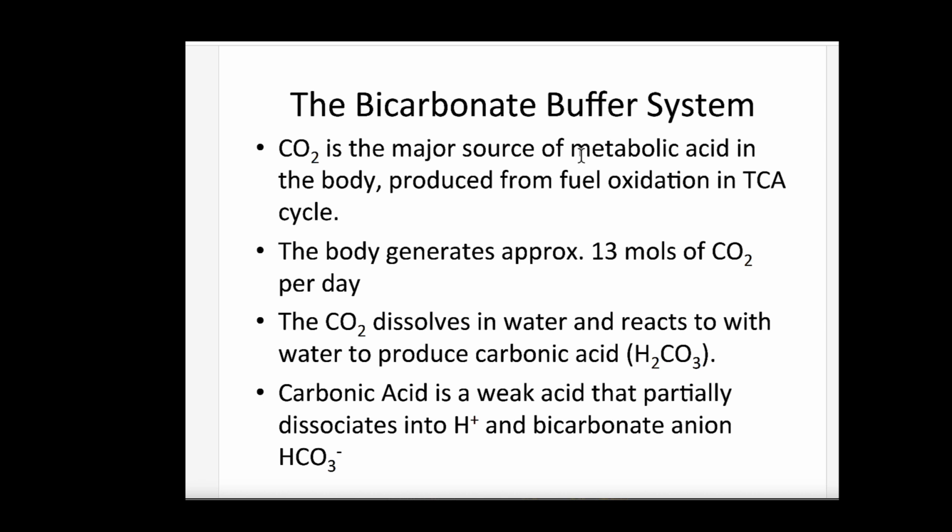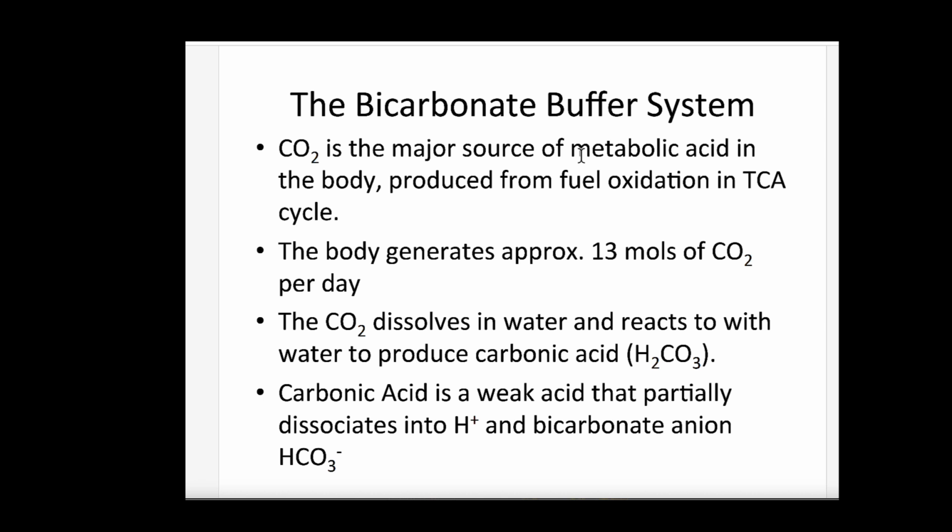Now, what is carbonic acid? It's a weak acid that is partially dissociated into hydrogen ion and bicarbonate ion. So carbonic acid is both the major acid produced by the body and its own buffering system. When you think about carbonic acid, its pKa is only 3.8.